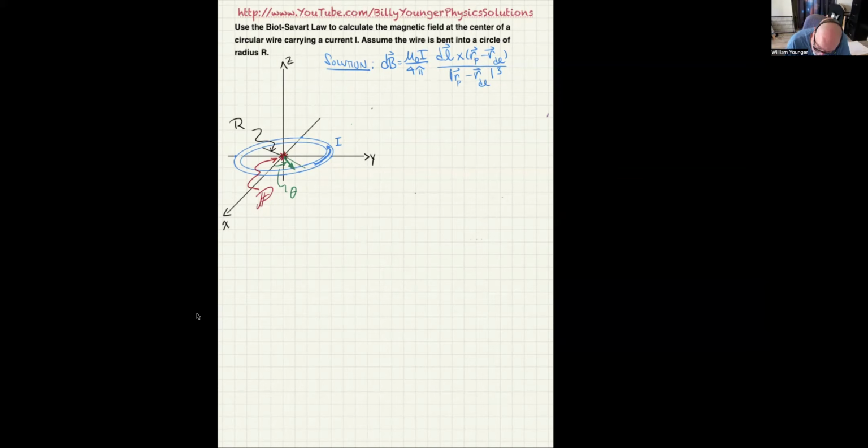Specifically, I'm going to draw this little DL vector in purple. It's a bit of arc, actually. I'm drawing it more or less straight because it's so small, but in reality it's a little segment of the arc of the circle, and this little angle right in here is d theta.